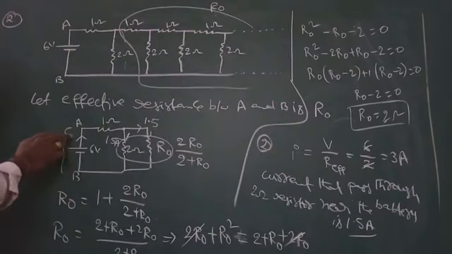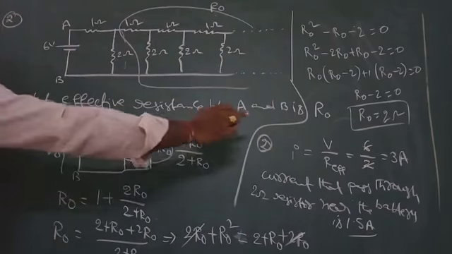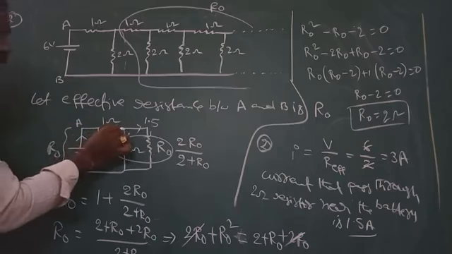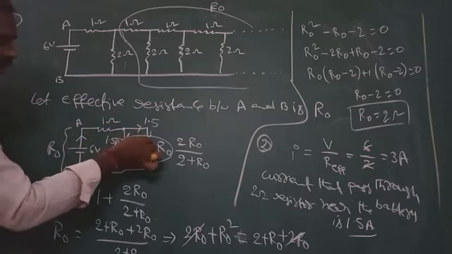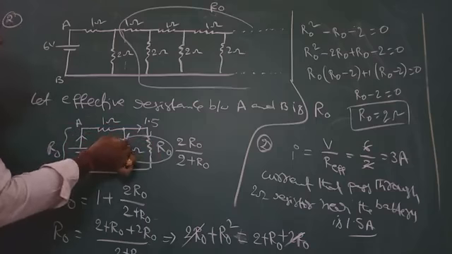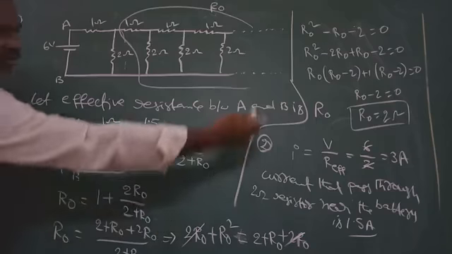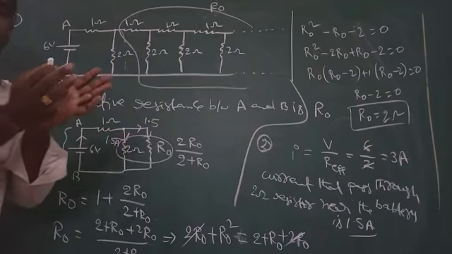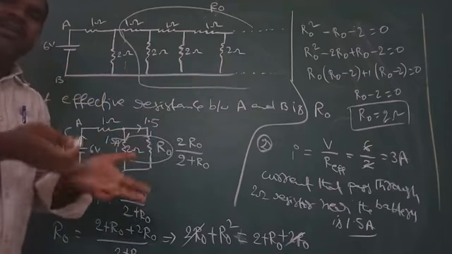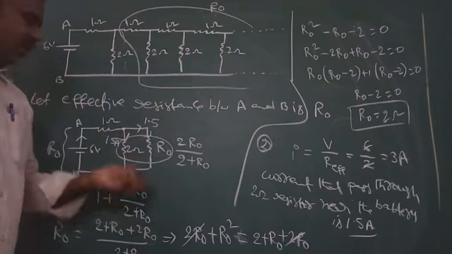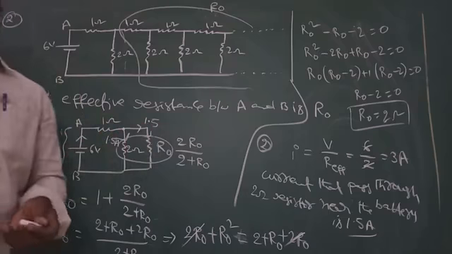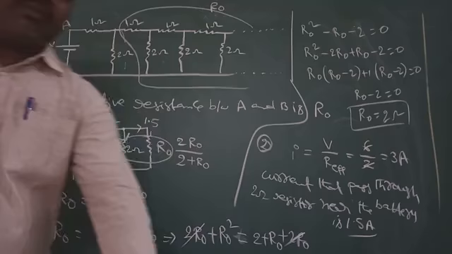The total current in the circuit is 3 amperes, so the current through the 1 ohm resistor is 3 amperes. But at this point, this is R0 and this one is 2 ohms, and R0 equals 2 ohms as we found. These two 2 ohm resistors are connected in parallel, so the current divides equally. The total 3 amperes splits as 1.5 and 1.5. This is the second problem of the question.